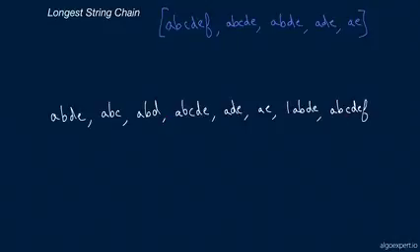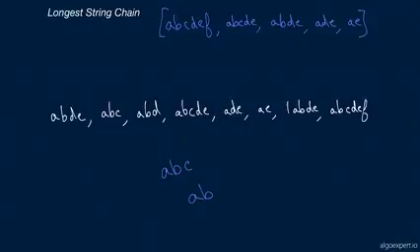Now, a string chain is going to be defined as follows. Imagine you have two strings. Let's say you've got ABC, and let's say that you've got AB, and both of these strings are in your input list.